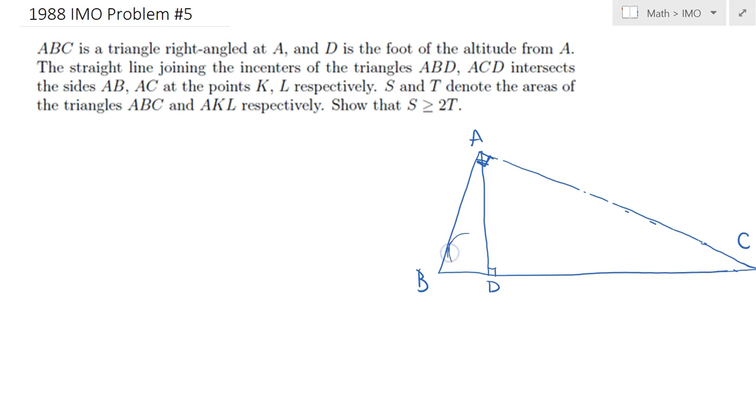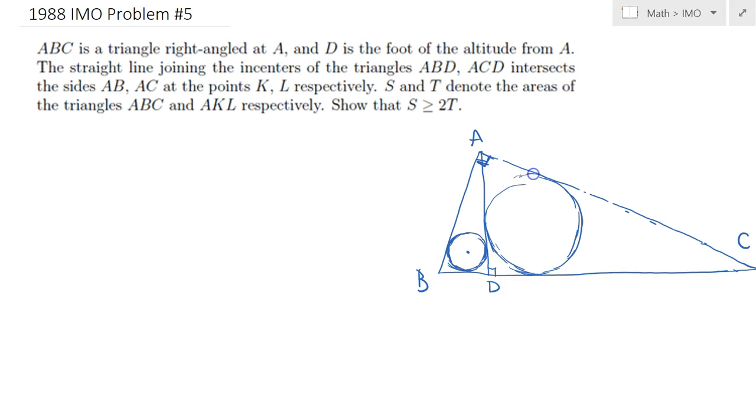So I have a nice incircle here, a small one, obviously this one is. Okay, and that's the center of that circle. And then I have a larger one, probably something like that. So I'm just doing a rough sketch.